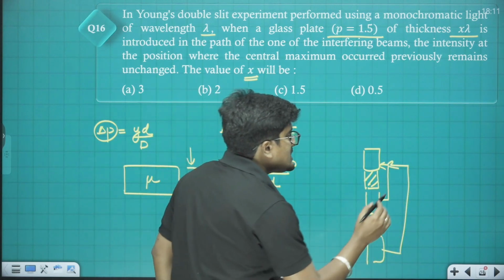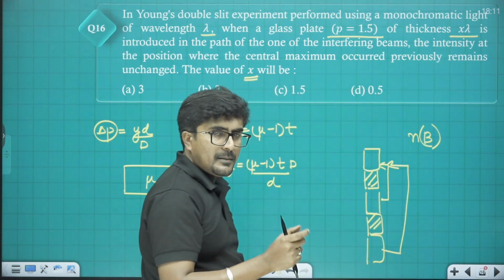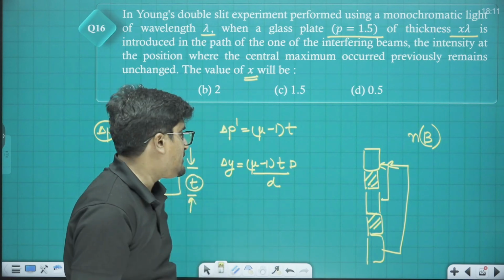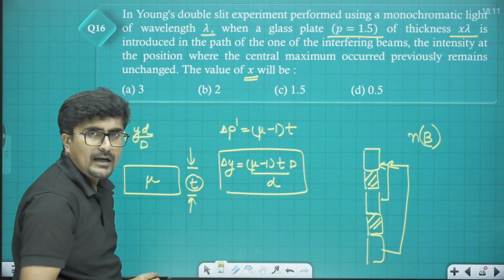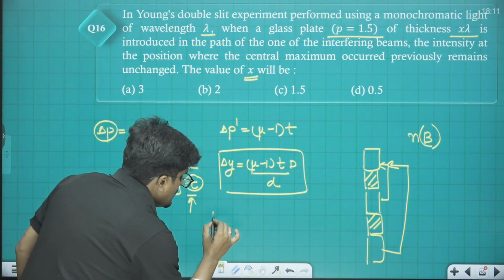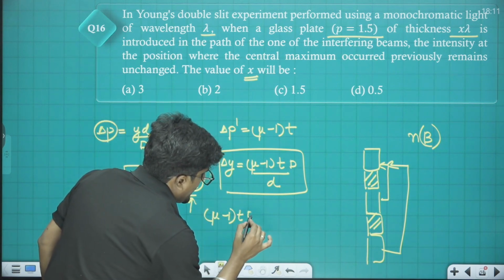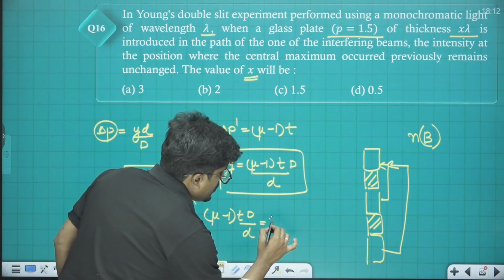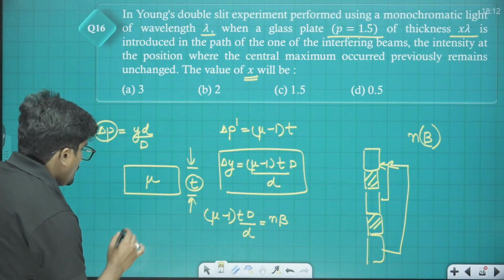That means the shifting is happening in terms of n times the fringe width. So delta y is an integral multiple of fringe width only. So delta y, mu minus 1 into t capital D all divided by small letter d, is equal to n times beta. Now please tell me, what is the value of beta?